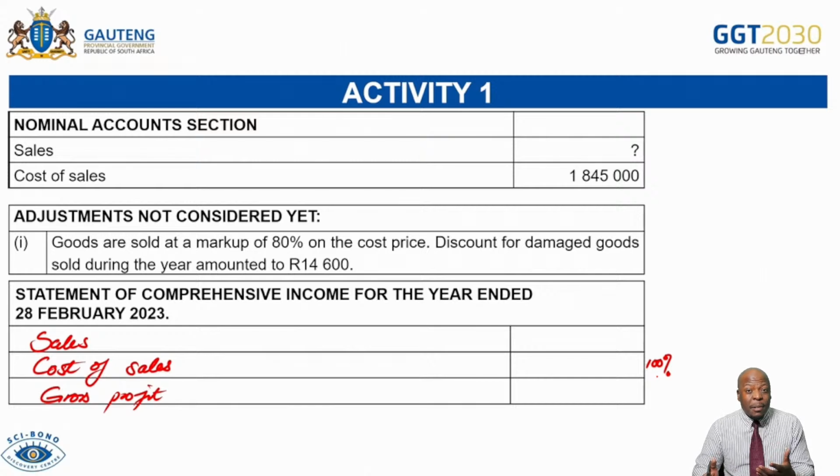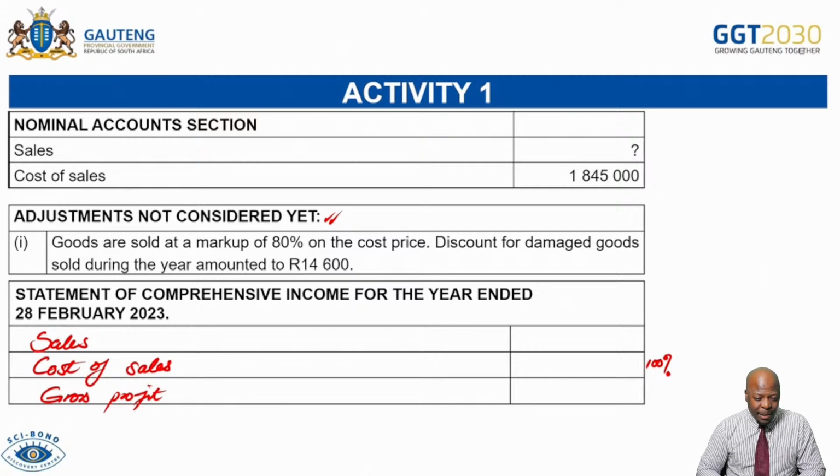Then let us see what other information we are given. Adjustments not yet recorded. So these are adjustments that we have not yet considered. Let's read them and understand. And I'm going to point out the key word that you must take heed of, so that when you do adjustments, you can really see, oh, this is the tricky part. Oh, this is the part that I need to take heed of.